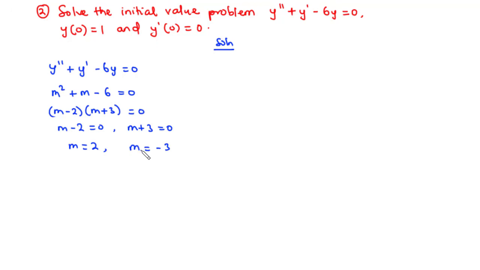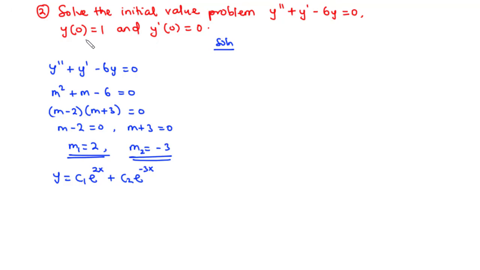So let this be m2, and this be m1. Therefore, since the roots are real and unequal, we have y = c1 e^(2x) + c2 e^(-3x). So this is the general solution of the differential equation.